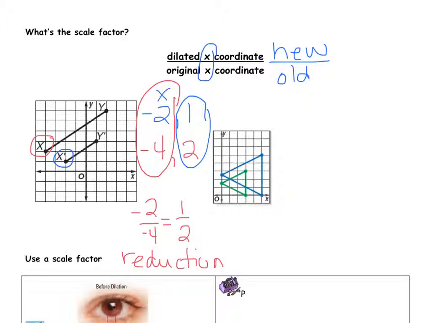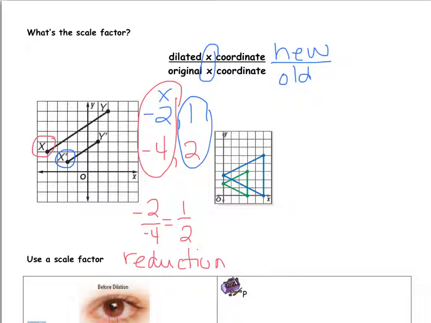Okay, so for the next one here, the blue is going to be your dilated. So we're going to call that H prime right there. And then the green triangle is your original. That's your H. And so H prime, the ordered pair, is 5, 5.